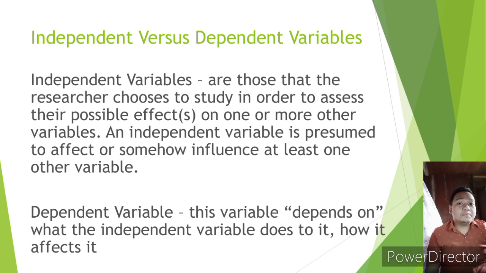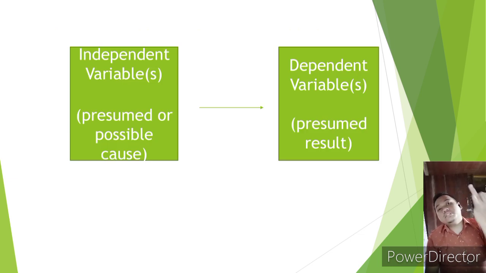This variable depends on the independent variables. It depends on what the independent variable does to it, how it affects it. So the difference is that the independent can stand on its own, while the dependent variable is dependent on the independent variables. Okay?